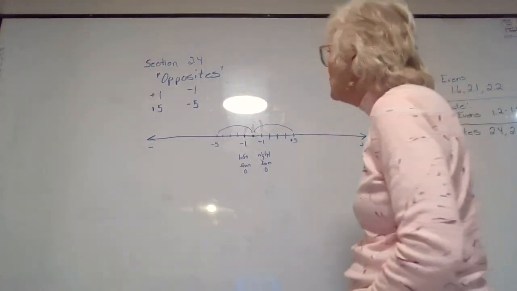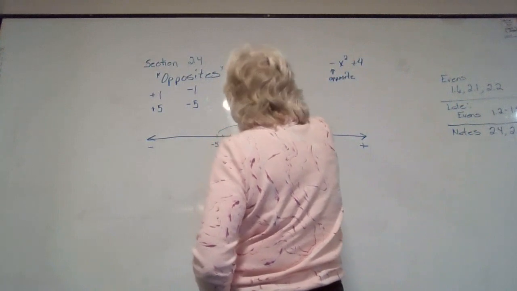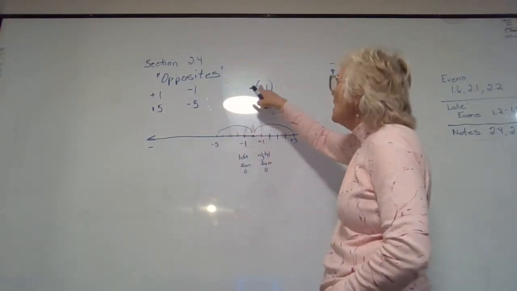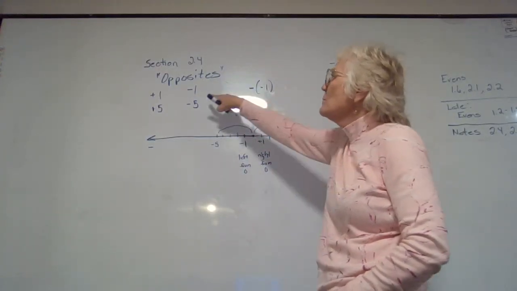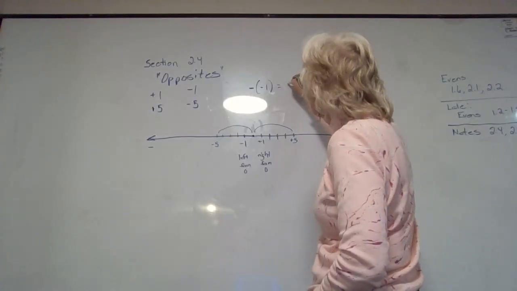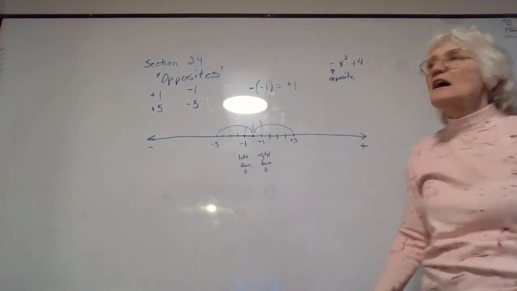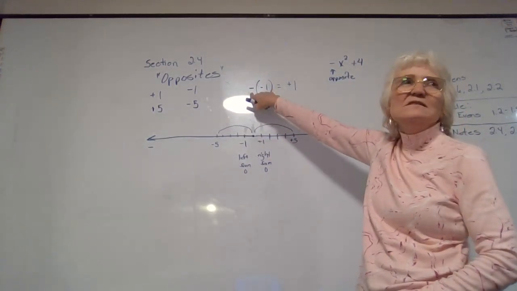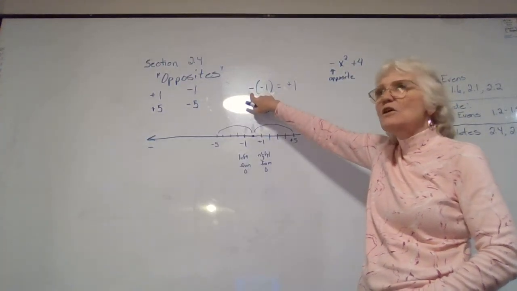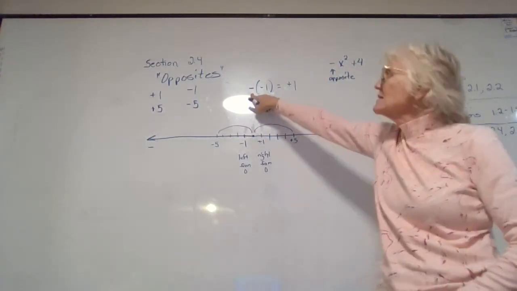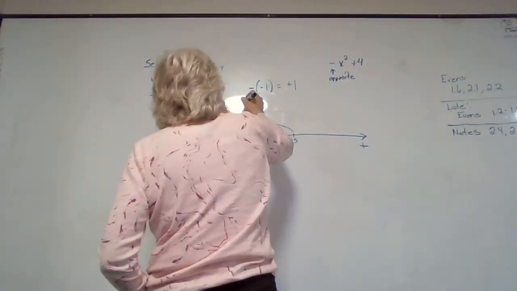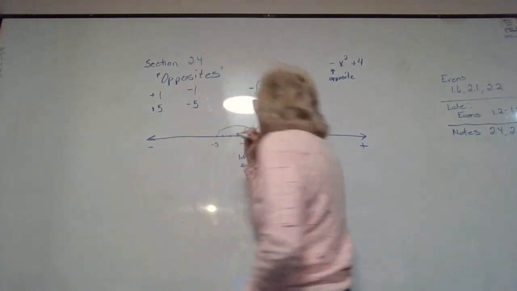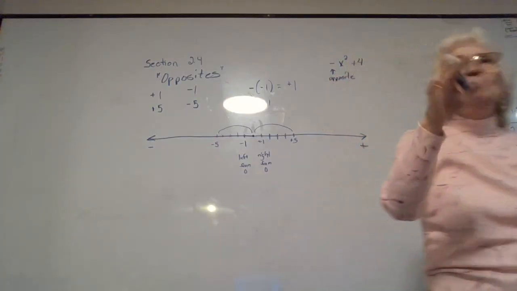So, if I have the opposite of negative 1, well, that means go the opposite of that. What's the opposite of negative 1? It's positive 1. So this is how you read this: this is the opposite of negative 1. When a negative sign is out there all by itself, it's read as opposite. Otherwise you have to keep going the opposite, the opposite, the opposite.